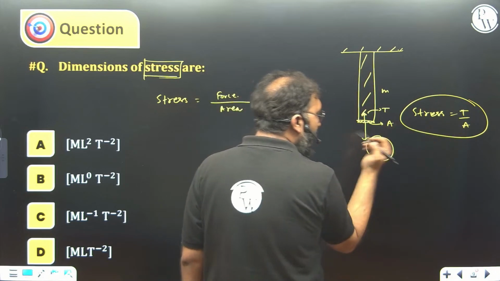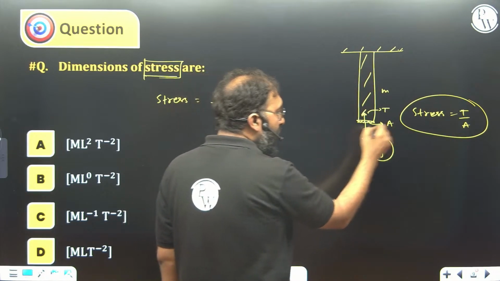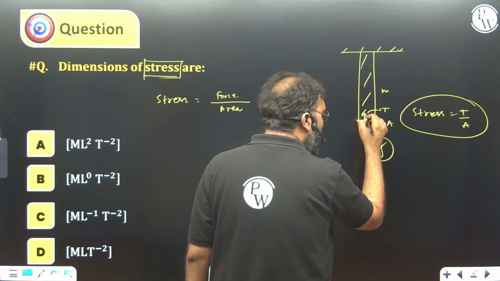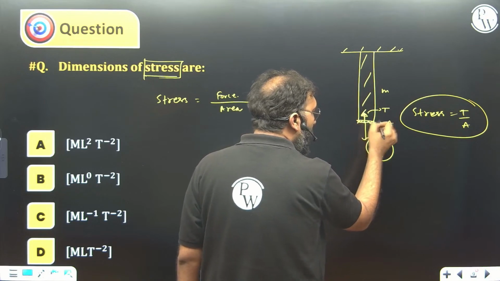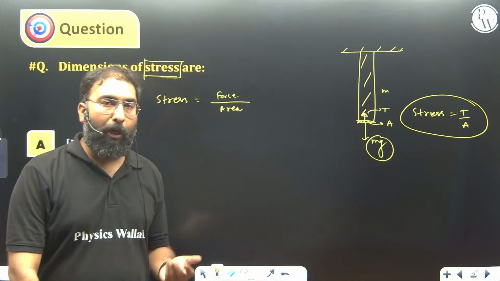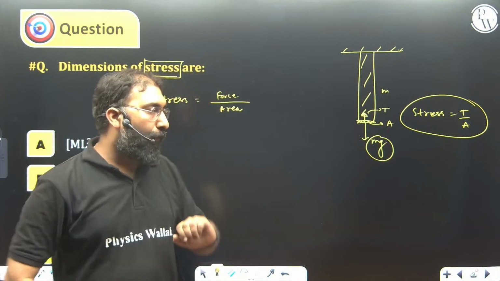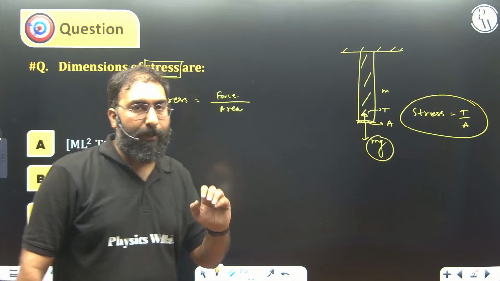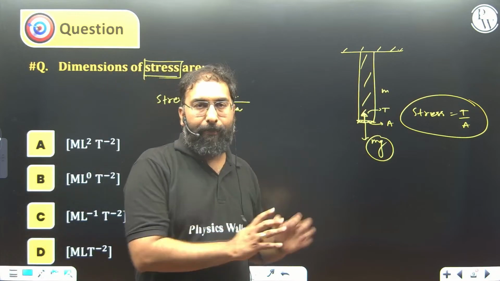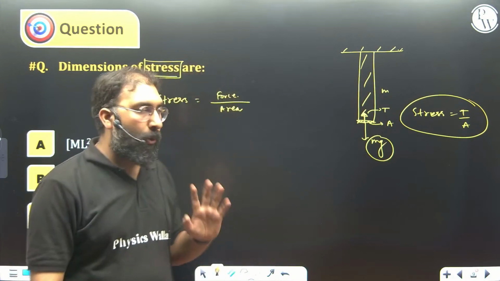So just make a note of it. This tension, this force acting here should be perpendicular to the area of cross section. If it is not perpendicular, then you have to take the component of that force. And if you don't know this, then you might end up making a mistake. So just make a note of it.